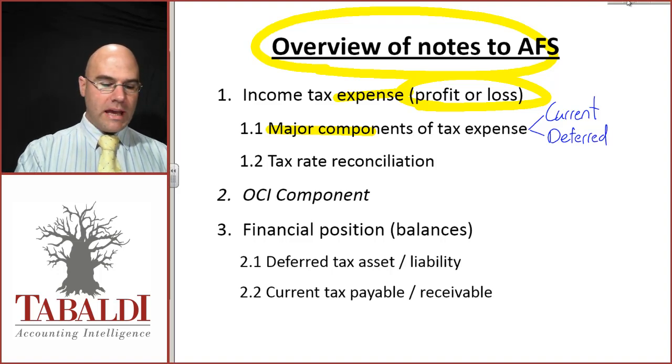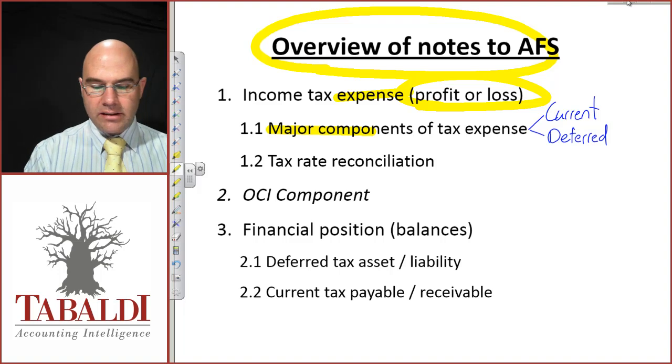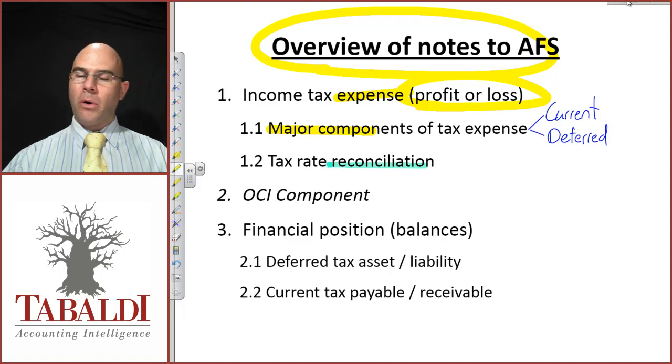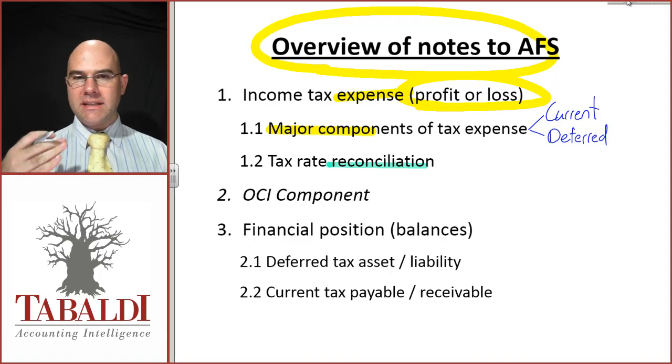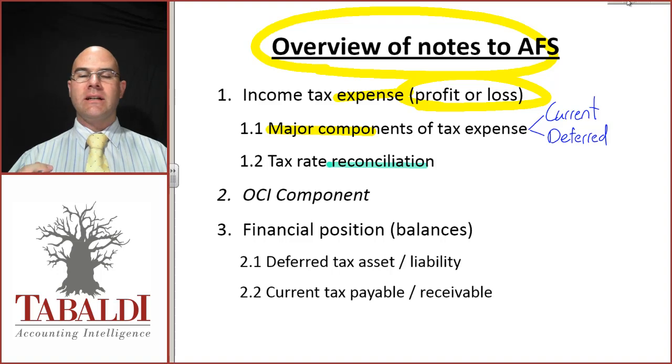Next up, you will need to look at the tax rate reconciliation. The point of this is to show your readers or users of your financial statements why your income tax expense is not necessarily at the standard rate of 28 or 30% of PBT.